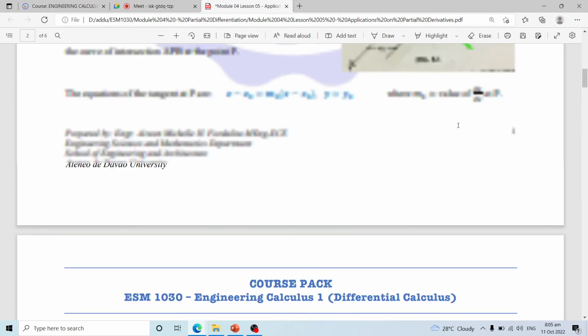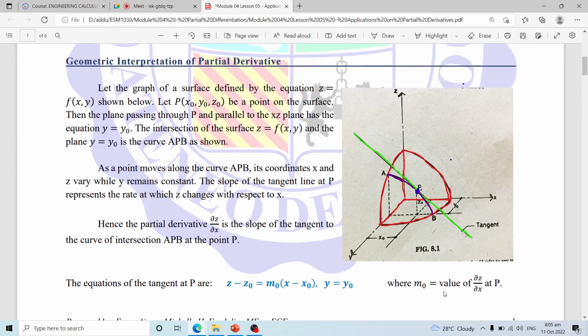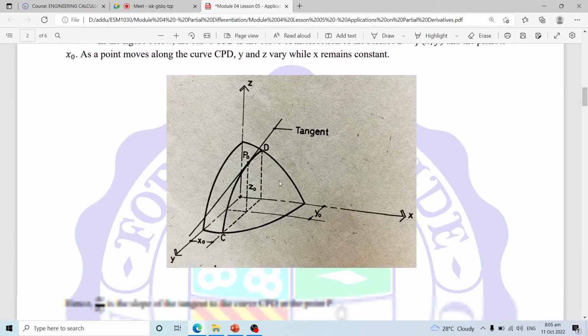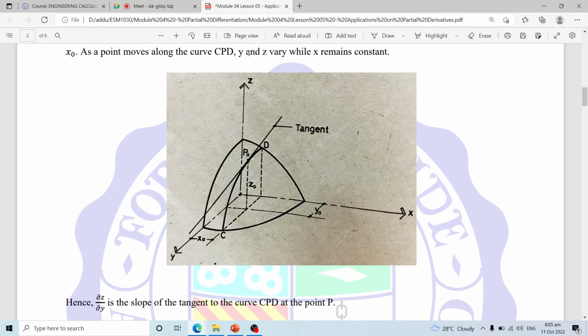Okay. So, this is when y is constant. These are the equations. What about when x is constant? In this case, this is a situation where x is constant, because x will always be equal to x sub o. Y will change. Z will change.